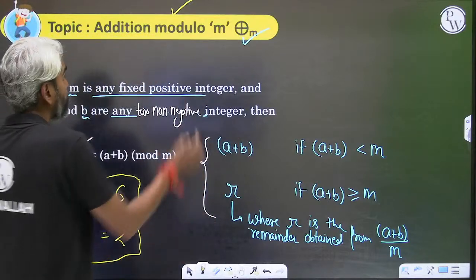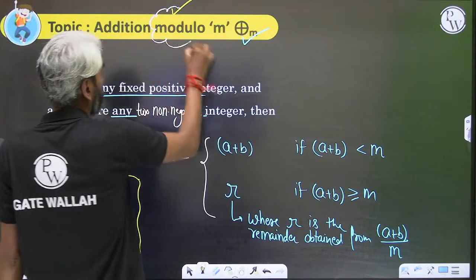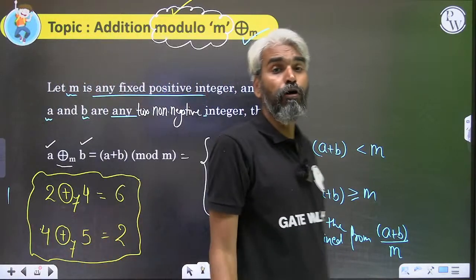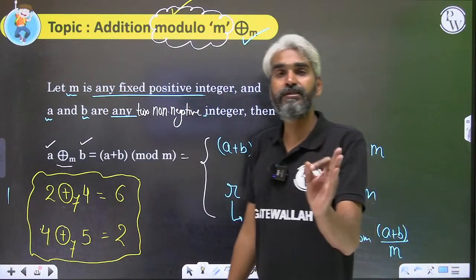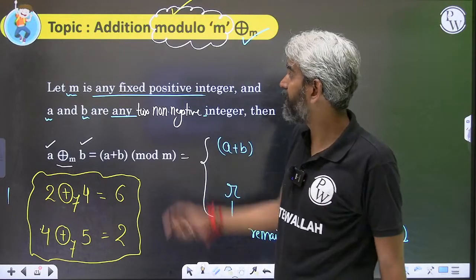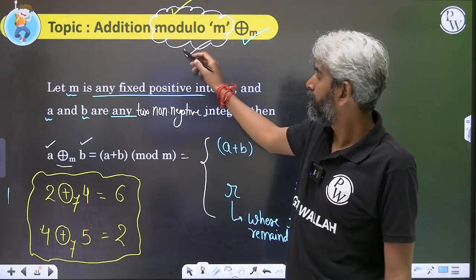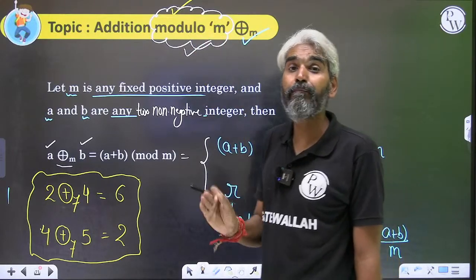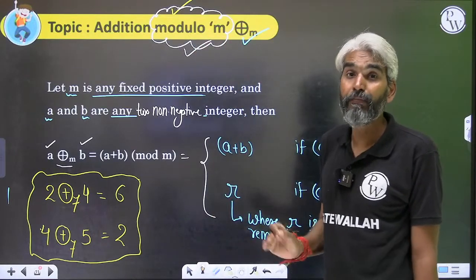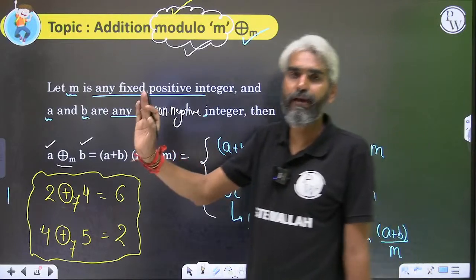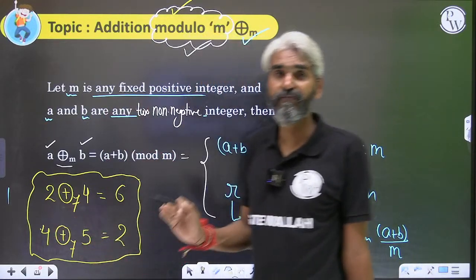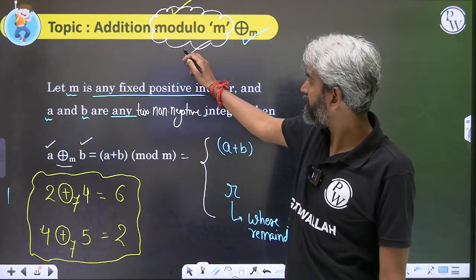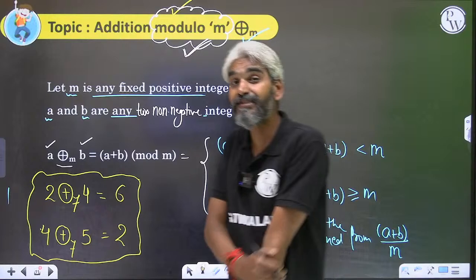But if the operation is a modulo m operation, then the result will always be between 0 and m minus 1, because the remainder can never be more than m. It cannot be m itself. Therefore, the modulo m operation will ensure that the set remains closed.